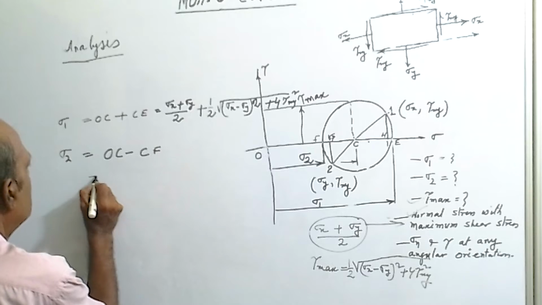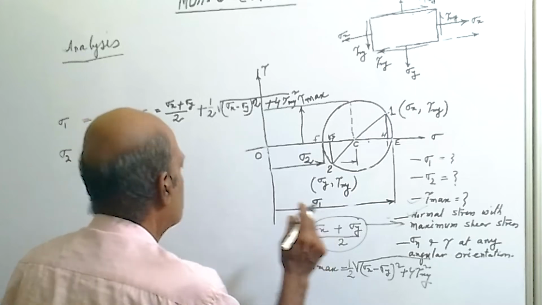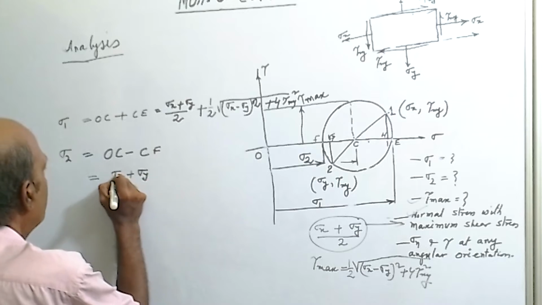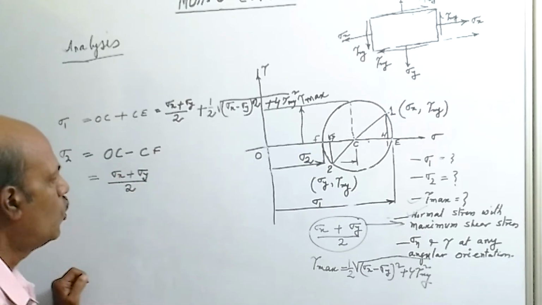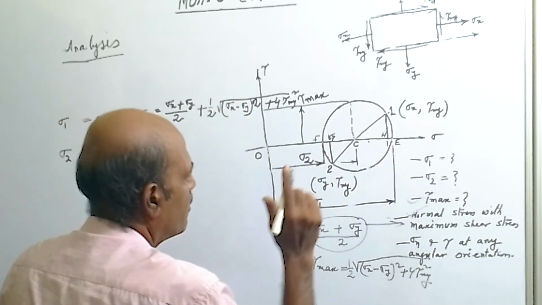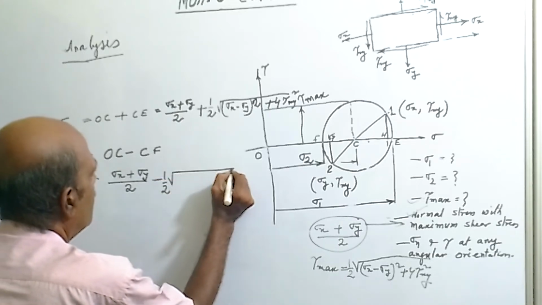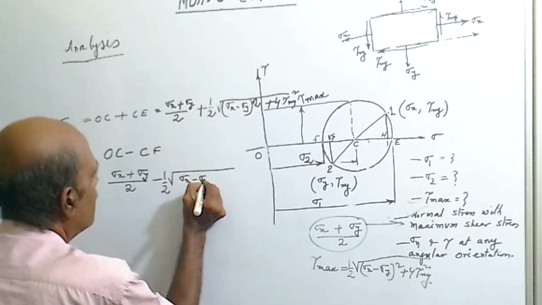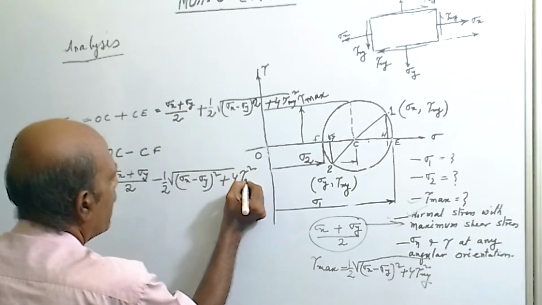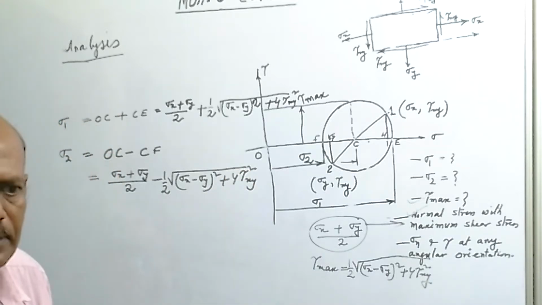OC is the normal stress which occurs along with the maximum shear stress plane, so we can write sigma x plus sigma y by 2 minus CF. What is CF? CF is the radius of the Mohr circle, that is half root over of sigma x minus sigma y whole square plus 4 tau square xy. So this is the analysis of the Mohr circle.